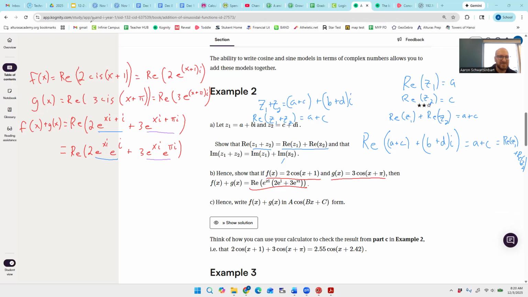Why does it make sense? And then I factor out an e to the xi, and I end up with what I'm supposed to get.